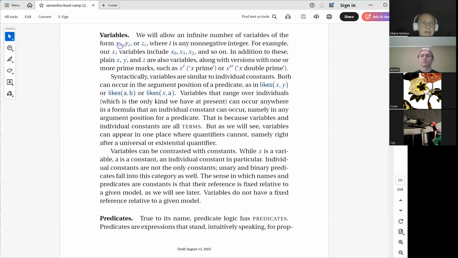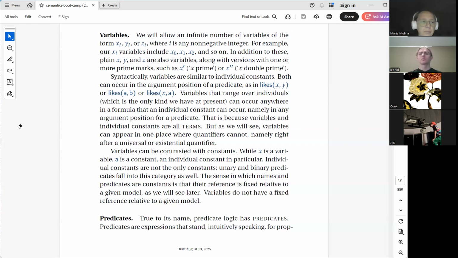This subscript like e, and this helps divide different X's from different sets. For example, X from the set of sailors and X from the set of pirates.